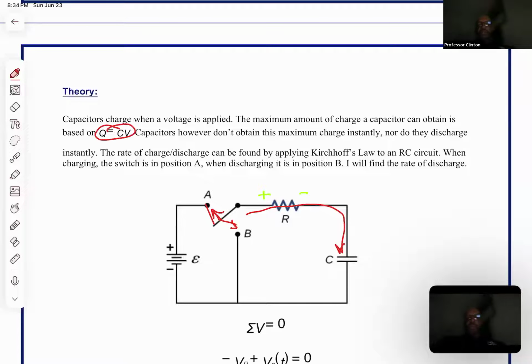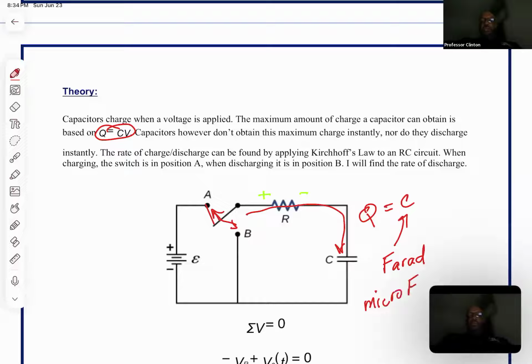The charge is quantified by this equation. Our charge Q, we'll see it later on as little q, is basically the same. It is going to be equal to the capacitance, which is in farads. If you get something in microfarads, you're going to have to convert that.